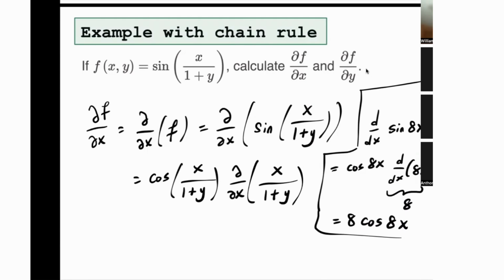And now if you think about this as just a constant multiple of x, the derivative is that multiple. So we get cosine of x over 1 plus y times 1 over 1 plus y. And that would be the final answer.